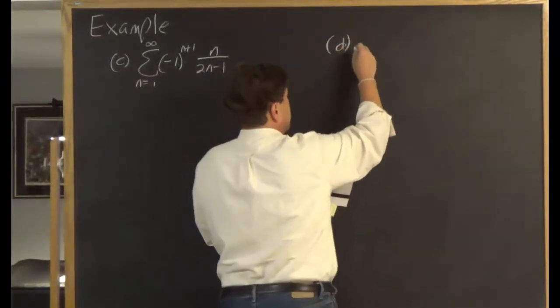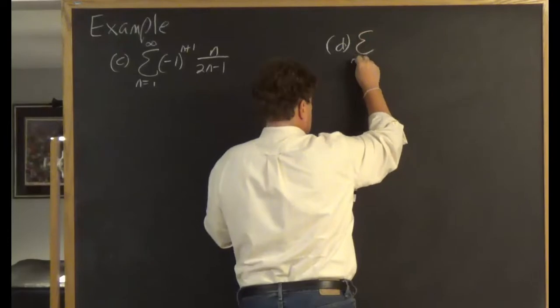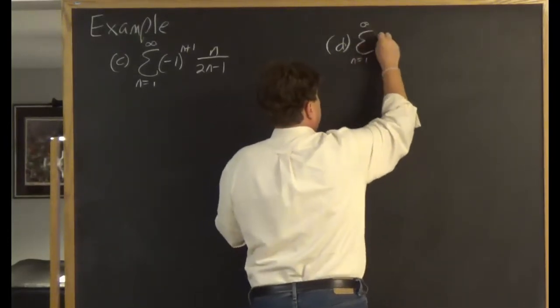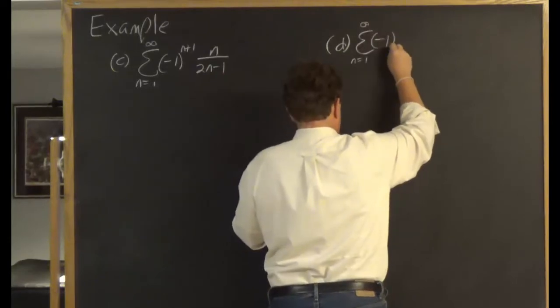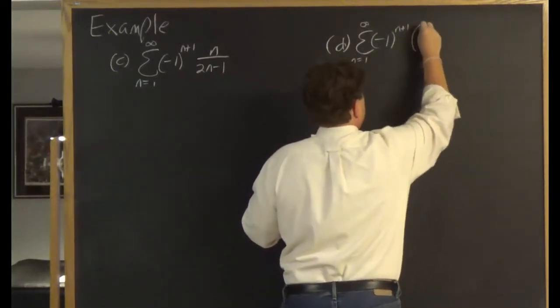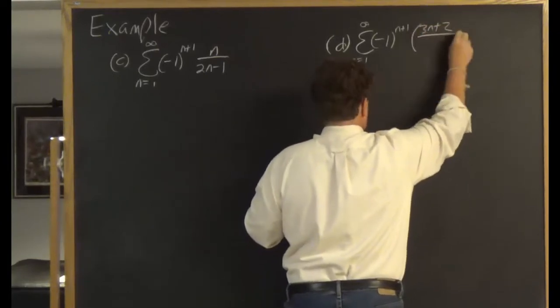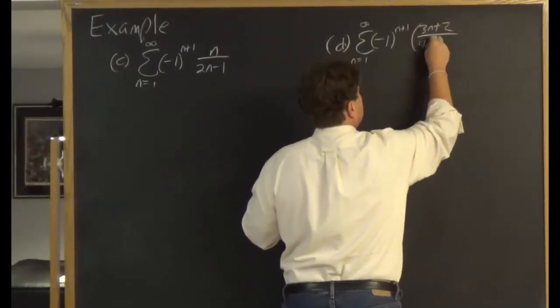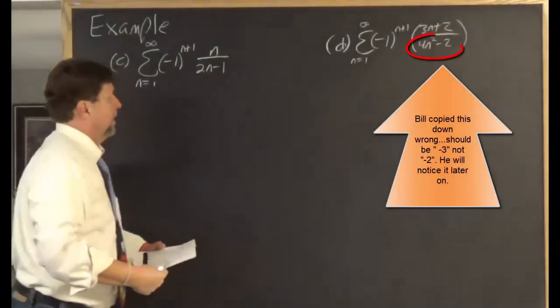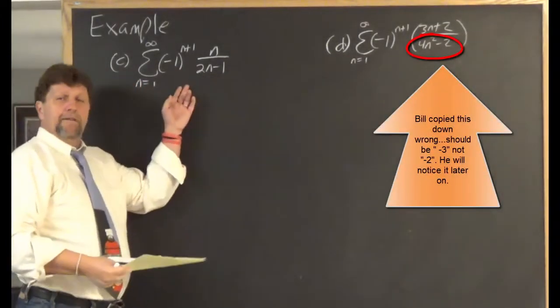And the series in D, n equals 1 to infinity, negative 1 to the n plus 1, then a 3n plus 2 over 4n squared minus 2. All right, here we have alternating series.